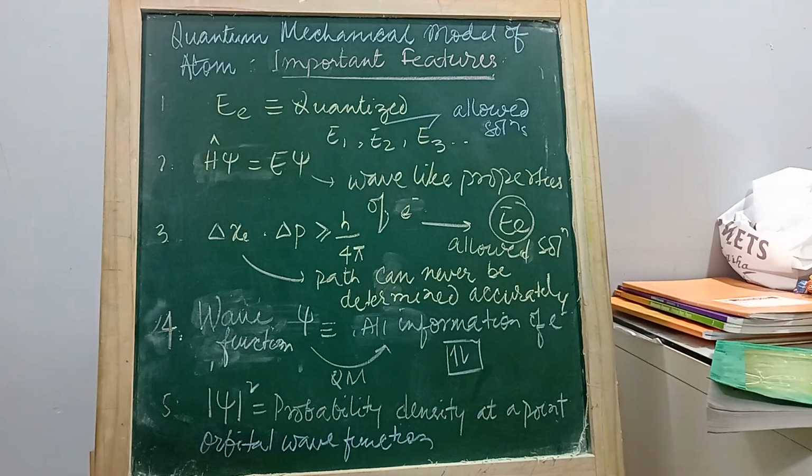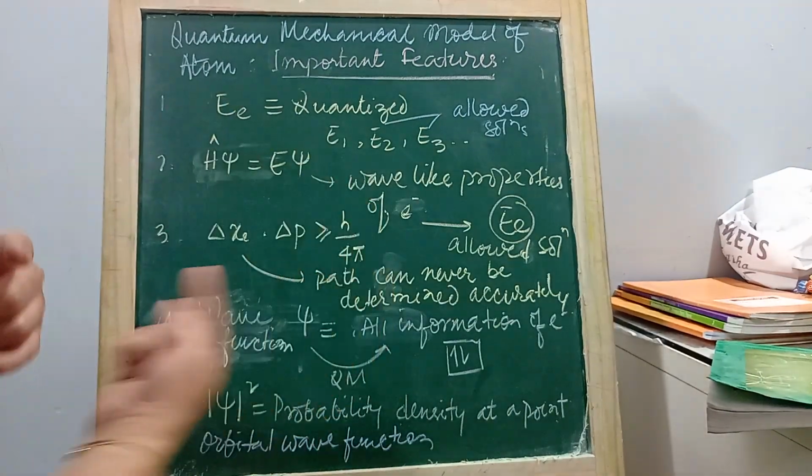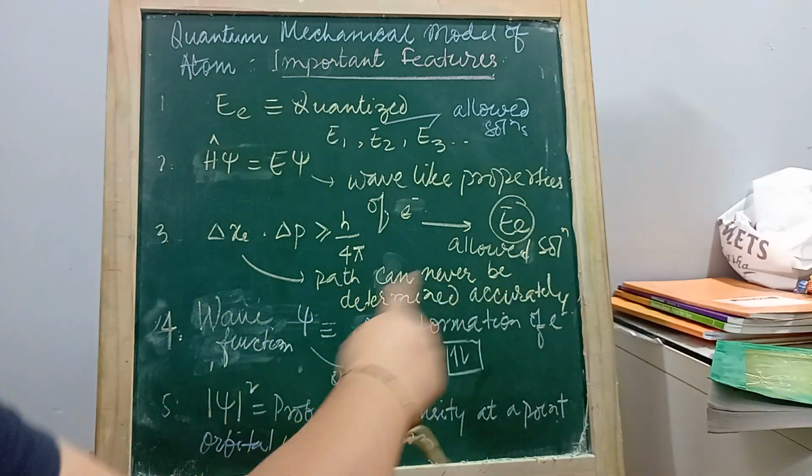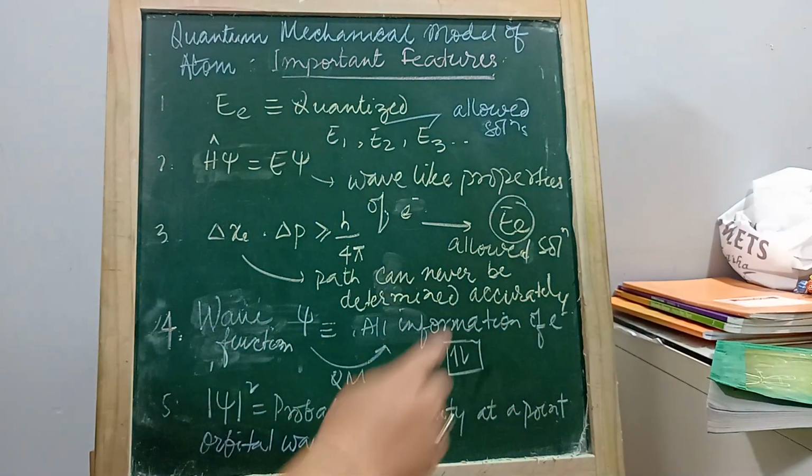What does it mean? Since you are not able to determine the position, you are not able to find the exact path of the electron around the nucleus. So the path can never be determined accurately. That's what is written here.